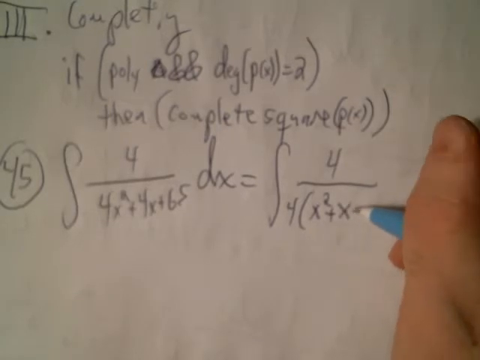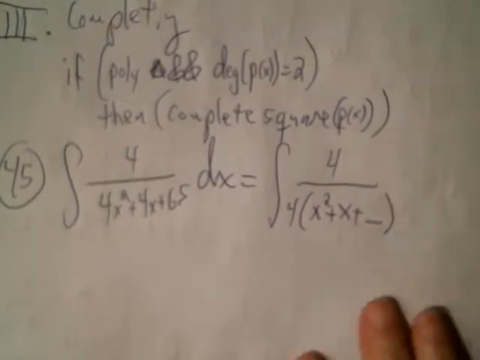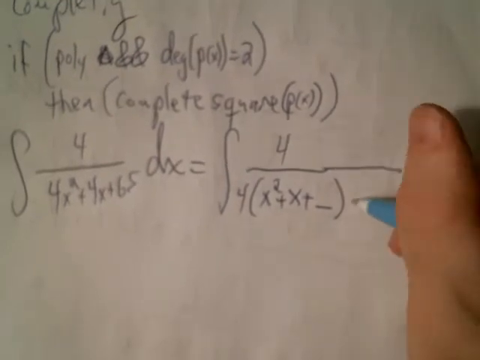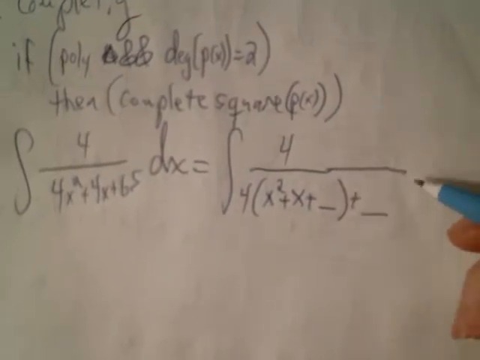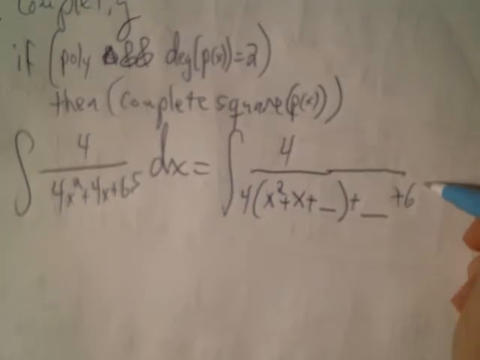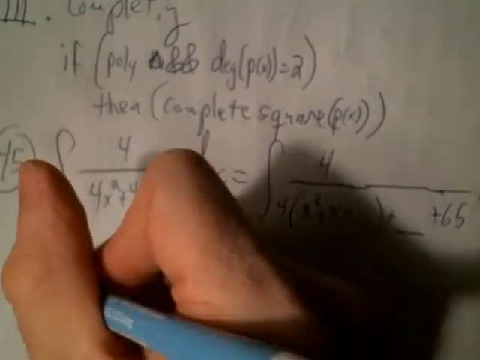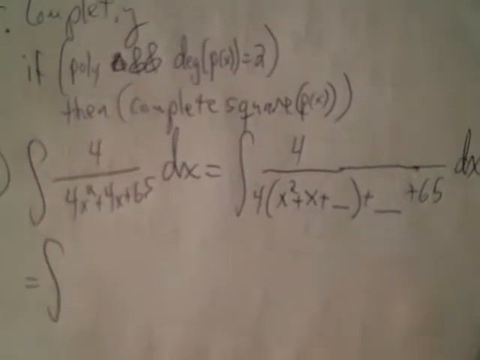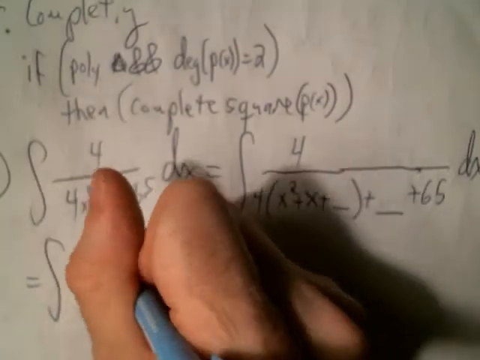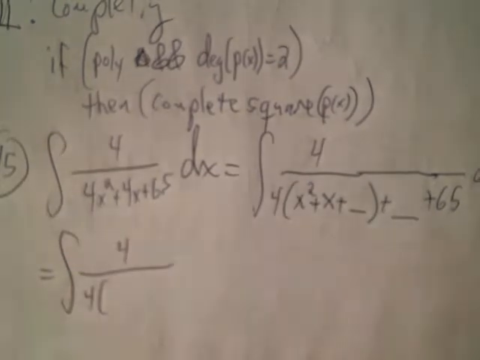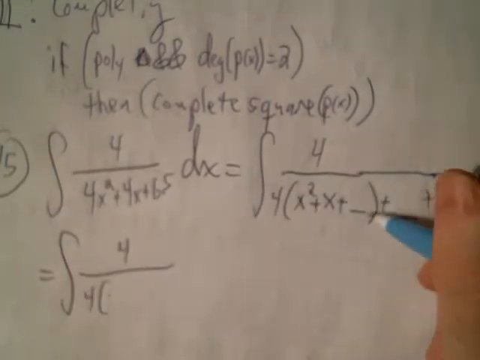And then I want to complete the square, and whatever I add in, I have to immediately get rid of it somehow. And then I still have this plus 65 thing floating about, dx. Alrighty then. So I got the integral of 4 all over 4 times x squared plus x plus this thing.